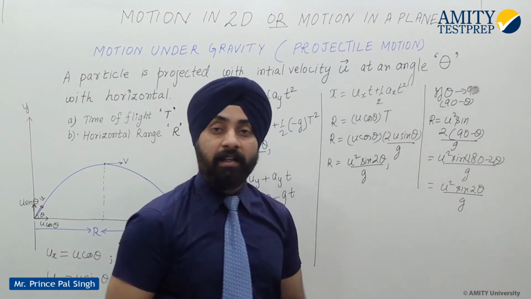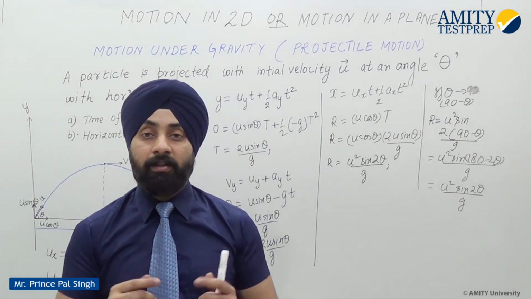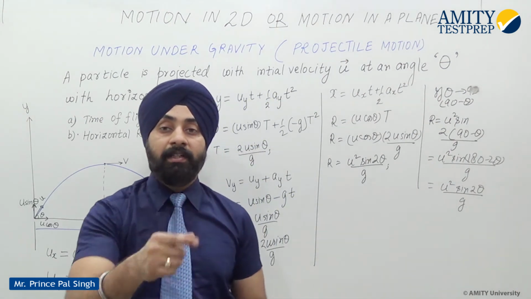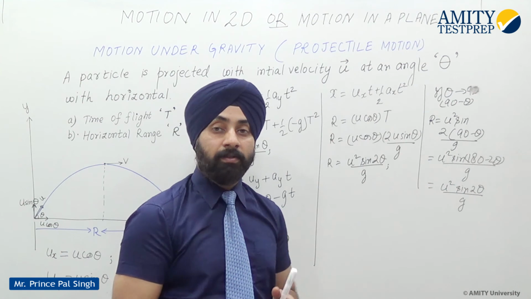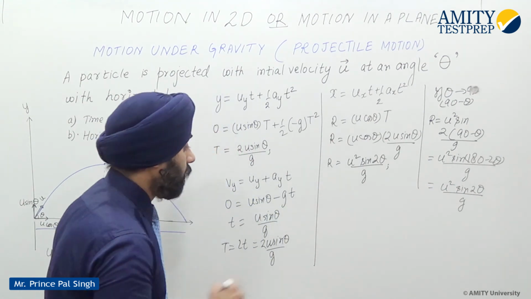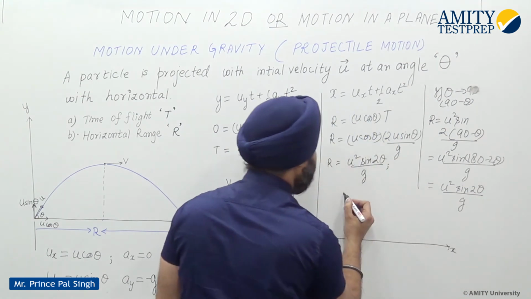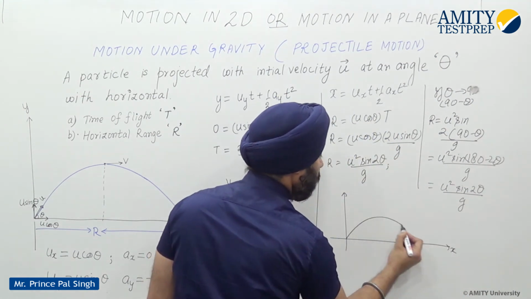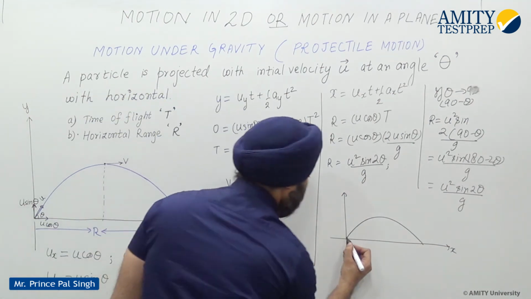It simply means that if you throw the particle at an angle theta or 90 minus theta, for these two angles of projection, the particle falls at the same distance. So these two angles of projection are complementary angles because their sum is equal to 90 degree. So if I draw the figure corresponding to theta, let's say this is the figure corresponding to angle theta.